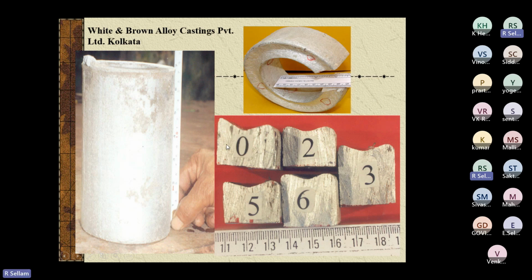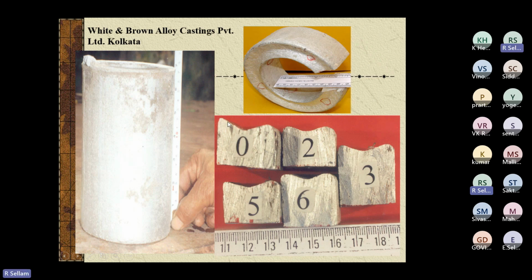The 0 is without current, and 2, 3, 5, 6 are with increased current at different levels. The basic interesting thing is with 0, where current was not applied, the inner side of the casting shows more shrinkage than the outer side of the casting.